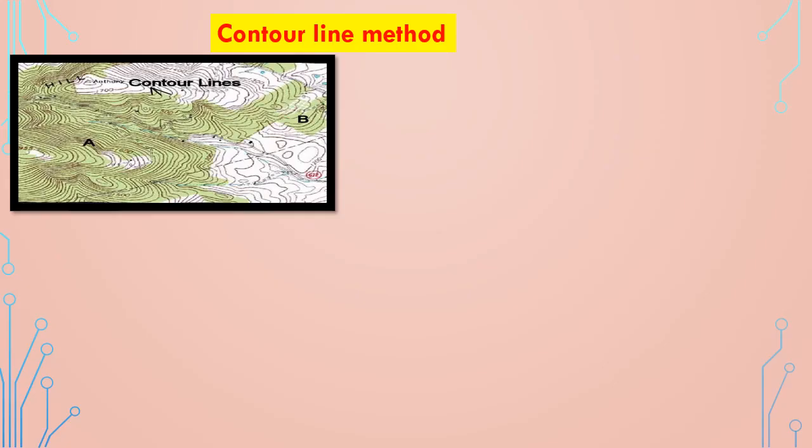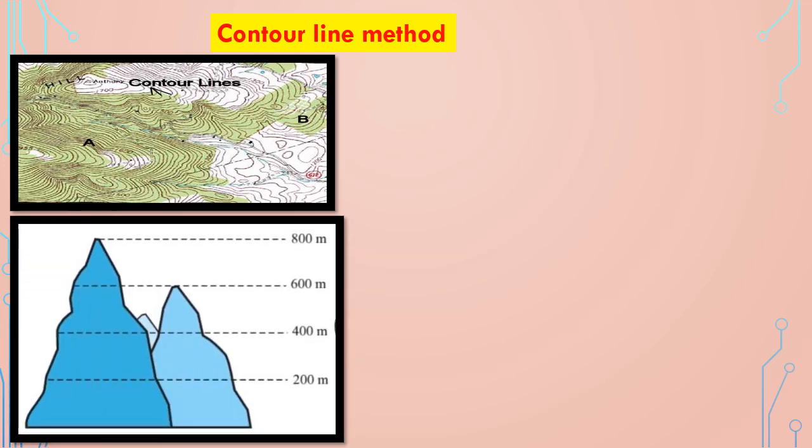One of the methods to know the elevation of landforms is the contour line method. For example, let us take the hills, a type of landform, and you know it is a 3D object. Look at this picture which is also given in chapter 13 of your maths textbook. Its front view is clear for us. Of course, we don't know how the aerial view or the top view of hills may look like.